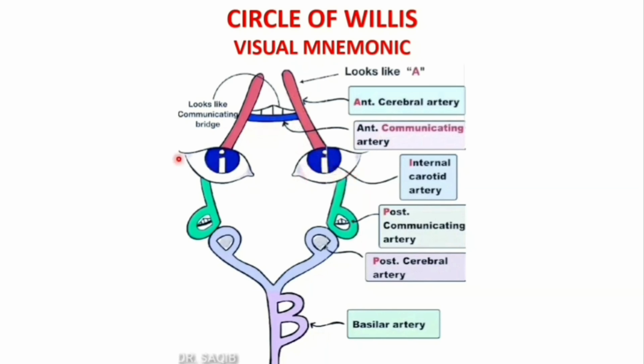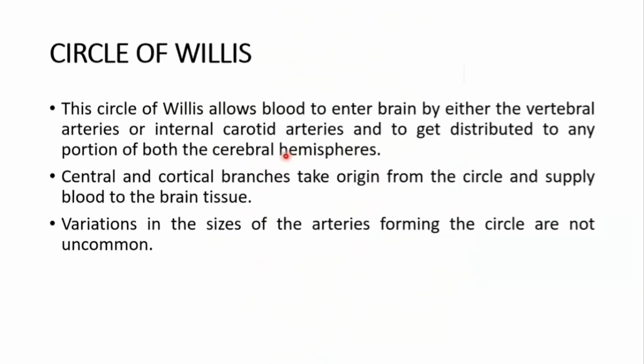This is the looking, eye and eye. This is internal carotid artery, and this is a P formation, word letter, and this is the posterior communicating artery, and this is the posterior cerebral artery. This is the P alphabet, and this is the B, the basilar artery. You can remember very well by this mnemonic.